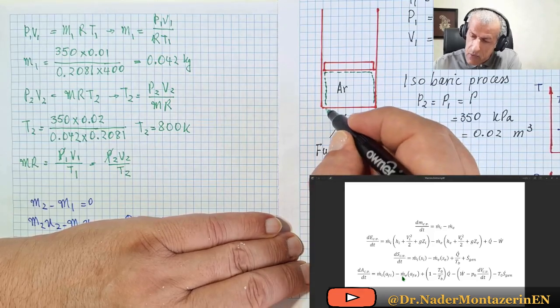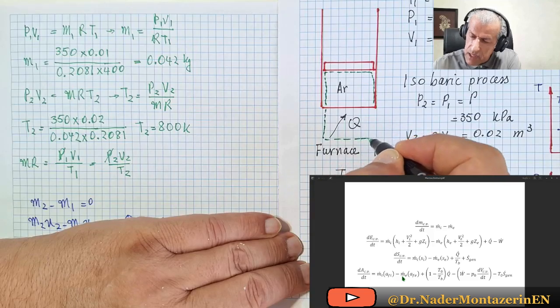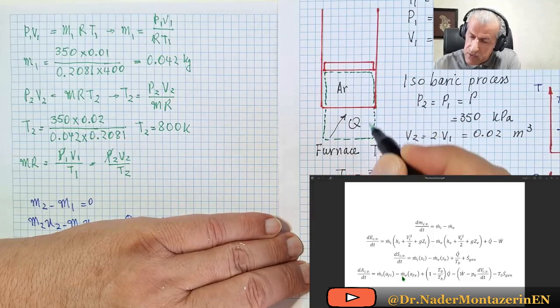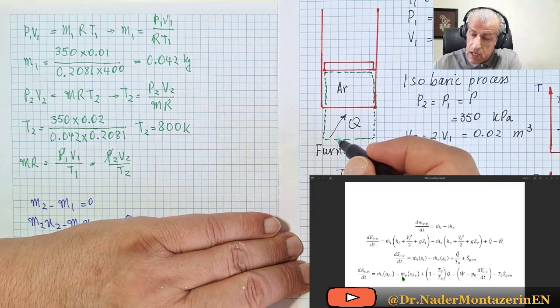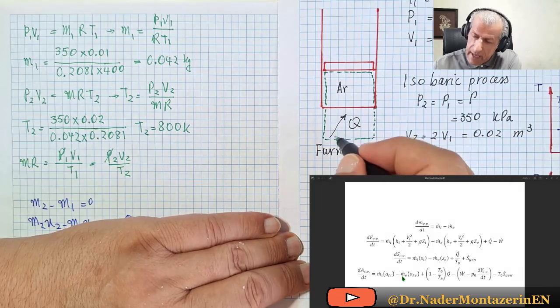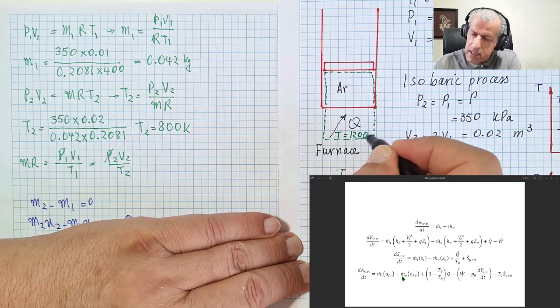I would select the boundary here, this very boundary where heat transfer happens through it. I would take it as the furthest boundary, and here the temperature is 1200 Kelvin.